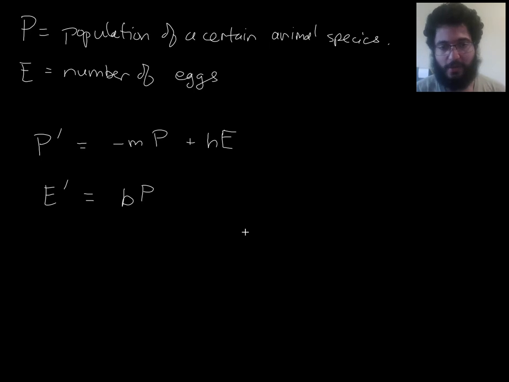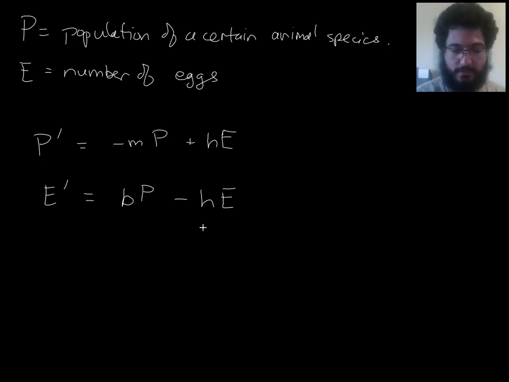I don't really know how egg hatching works, but it sounds like a decent model to me, I guess. Okay, so this egg hatching creates members of the population, but it also destroys eggs, right? And it's the same h here and here. All right, so the eggs are getting destroyed at the same rate.